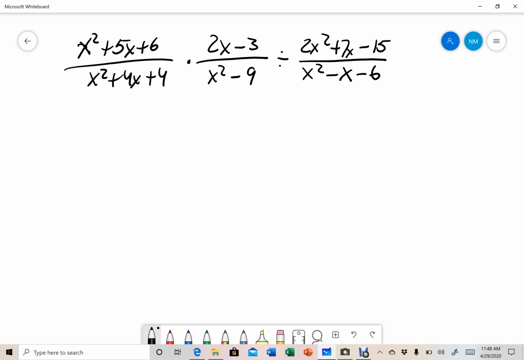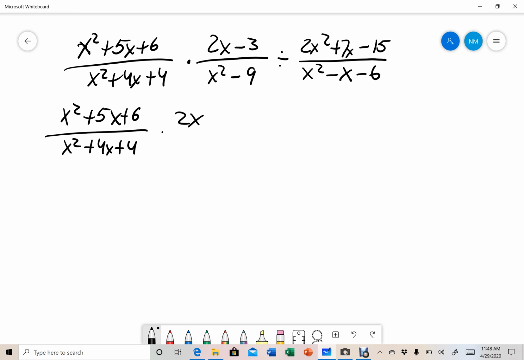Now notice the difference here. We have a multiplication already going on and then a division, okay? This is no different than anything else. You still take the second fraction here and invert it, okay? So we're going to rewrite this as x squared plus 5x plus 6 over x squared plus 4x plus 4.